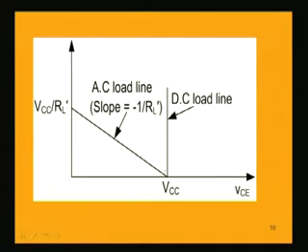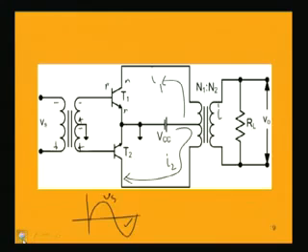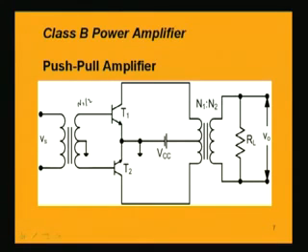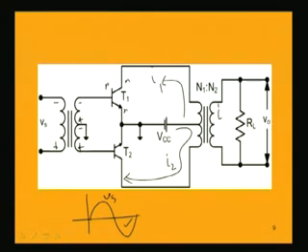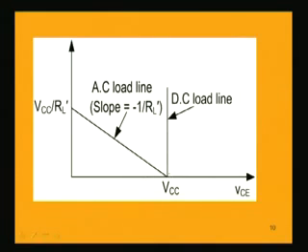That is, VCC is the DC voltage, that is when you do not have any signal, when we do not have this Vs, suppose Vs is 0, then it will only have the VCC voltage, that is the DC voltage. That is why it is the DC voltage here, which is the voltage across collector to emitter when there is no signal.